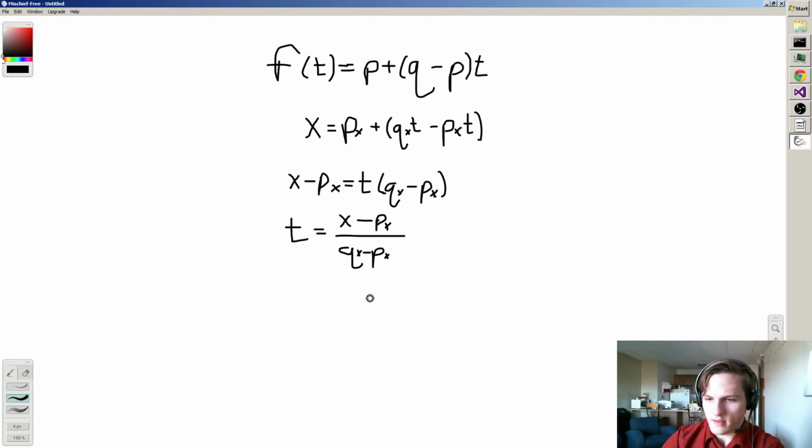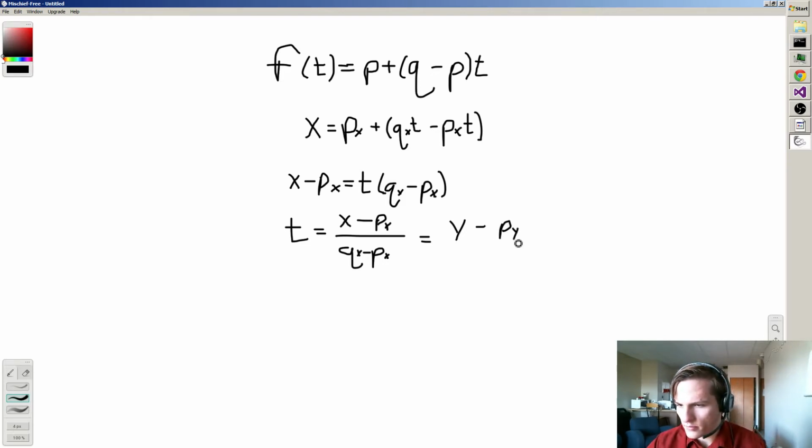And then you can set that equal to the one for y, because x and y will both be defined by this function, and so they're related by t now. So we can say that will also equal y minus the unlerp of y along the y-axis.